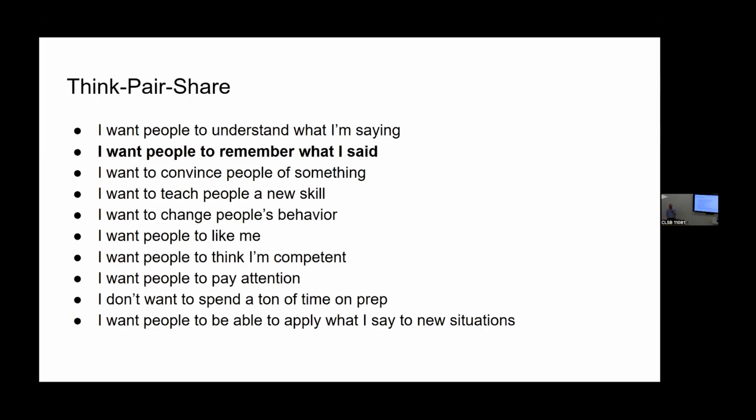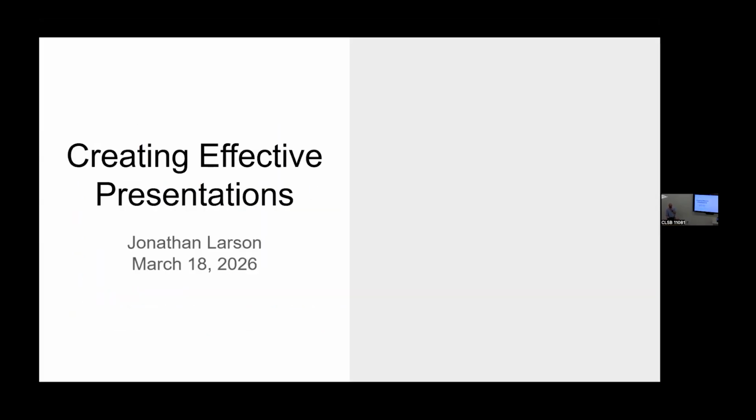I want to talk now a little bit about how you make what you're saying memorable. Does anyone remember what was going on in the image on the right of the title slide when you walked in? It was a promotional poster where, instead of actually designing a promotional poster, the guy just screenshotted his conversation with the person who was asking him for one.